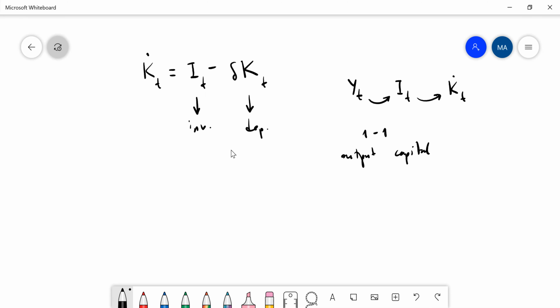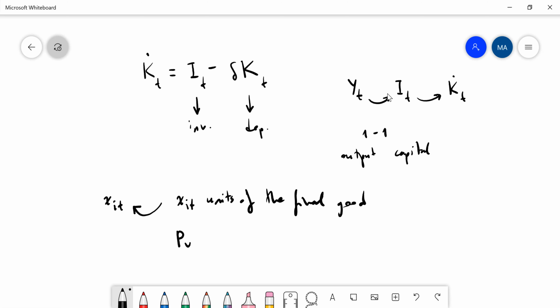So what we assume here is something similar, okay? So there is this XIT machine, okay? For production, you need XIT units of the final good, okay? So the price of the final good is normalized to 1, okay?